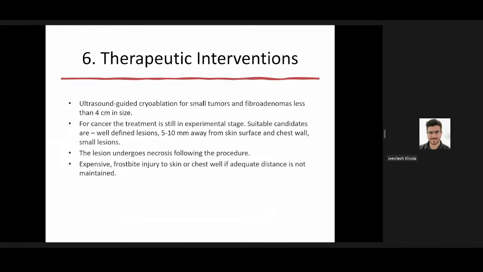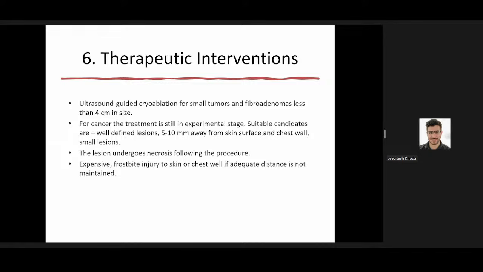In some places they are ablating these lesions using cryoablation. As the name suggests, the area is frozen, an ice wall forms around the lesion, and gradually it undergoes necrosis. That is the mechanism of action.